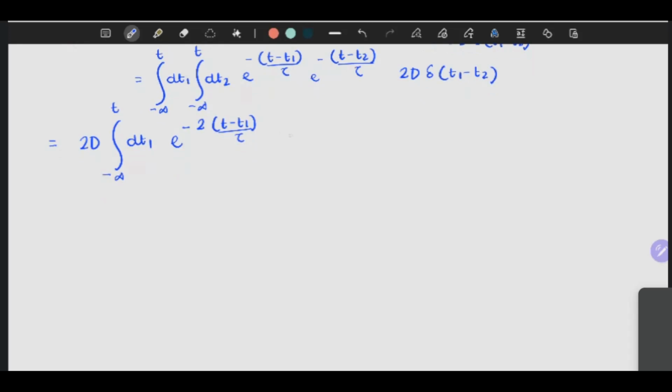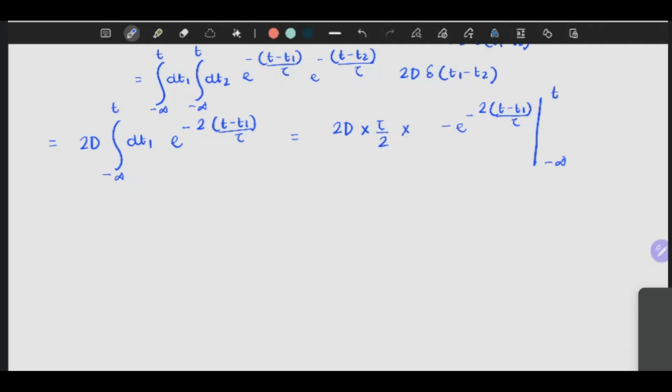Now if you do the calculation, it becomes 2D into tau by 2 into minus e to the power minus 2(t minus t1) by tau, from minus infinity to t.